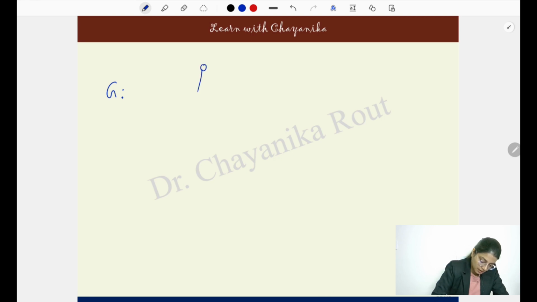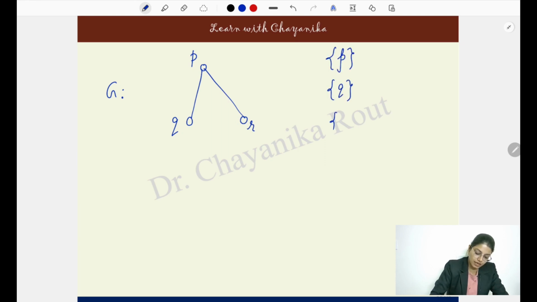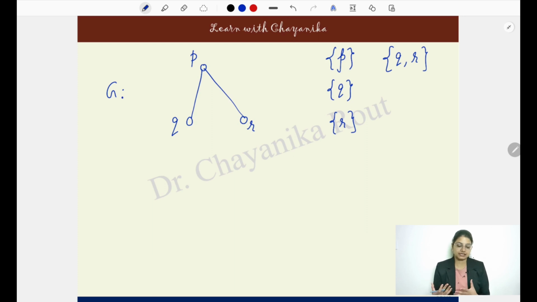Suppose this is the graph, a simple one, P, Q, R. Here the independent sets are P, Q, R as singletons, then we have, of size 2, QR. No other independent set is there. So our foremost job would be to list down all the independent sets, then search for maximal and maximum.